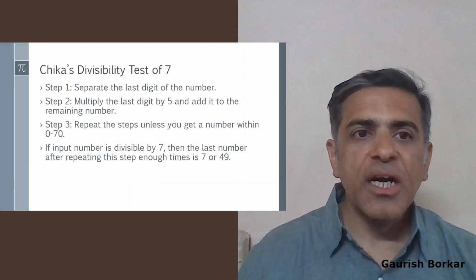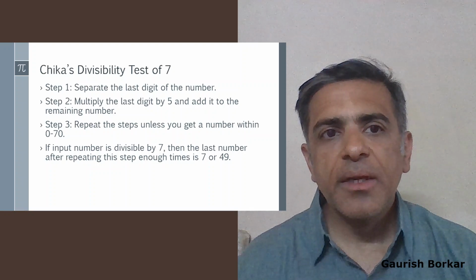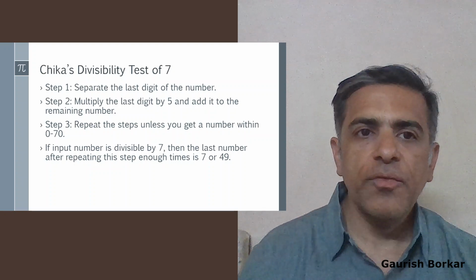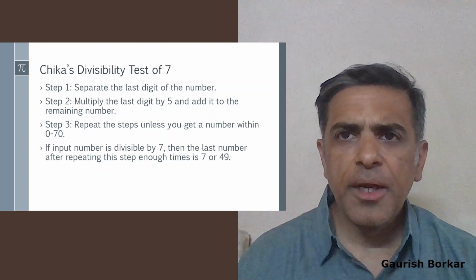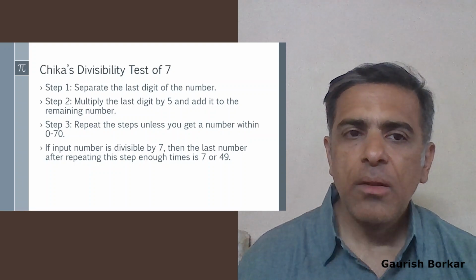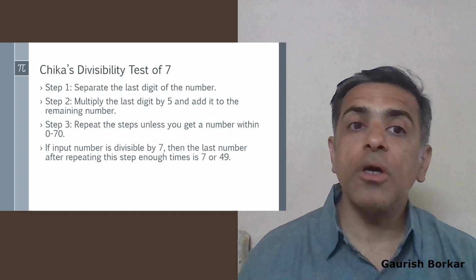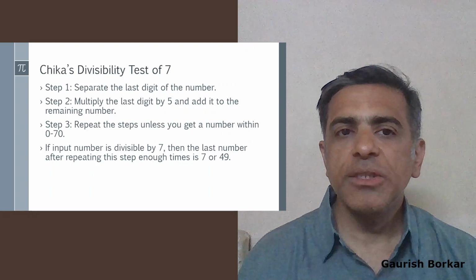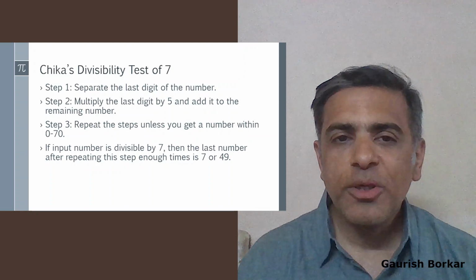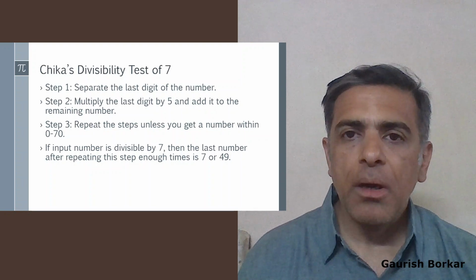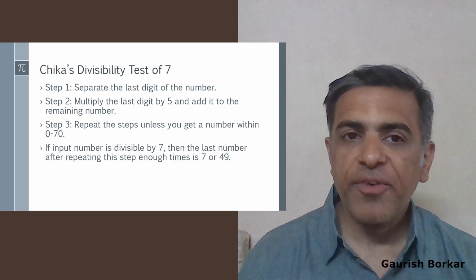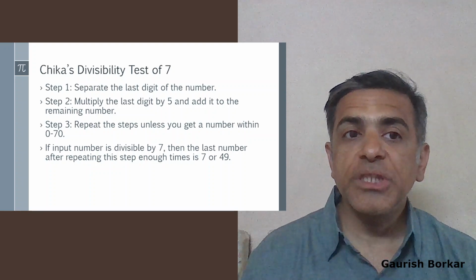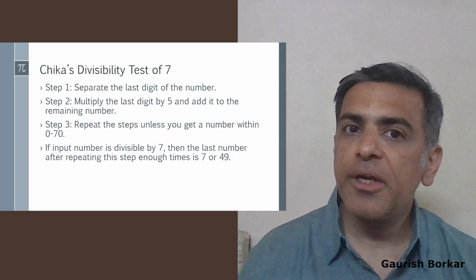This is about Chika's method, Chika's divisibility test of 7. Chika is a Nigerian boy. He invented this method in, I think, 2019 or a little earlier than that. He was also awarded for this particular method, and now this method is called Chika's method. I got to know about this method because one fine day, my daughter came home and she said, "You know Vedic math, but do you know Chika's method of divisibility by 7?"